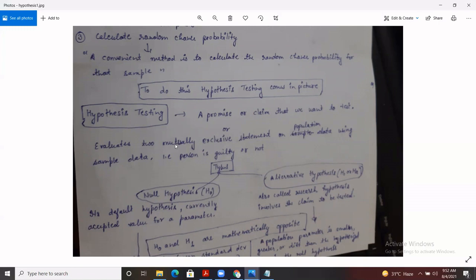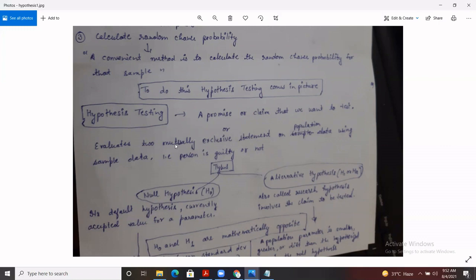So what would be the alternate hypothesis in that case? That the percentage of killing the germs is not equal to 99.9%. So the alternate hypothesis is the one that we need to research, or that involves the claim to be tested. Null is the default one, which is already accepted, and alternate is the one that we need to prove. We call it a research hypothesis as well.